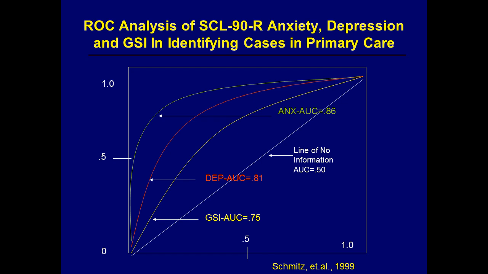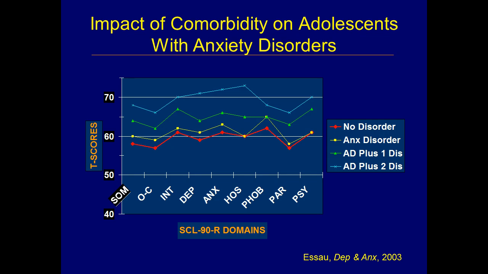By the way, the differences between these profiles are statistically significant. So, I think that was an excellent demonstration of sensitivity of the 90. Let's see, who do we have next here?